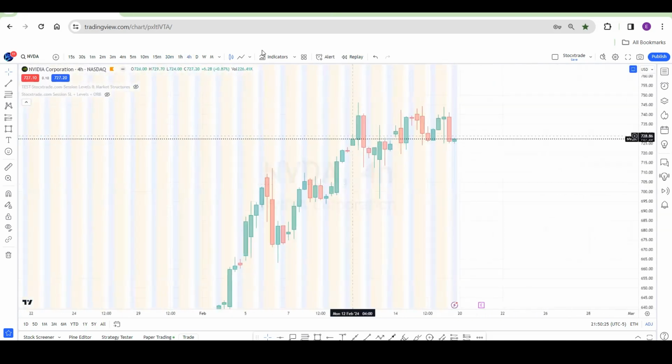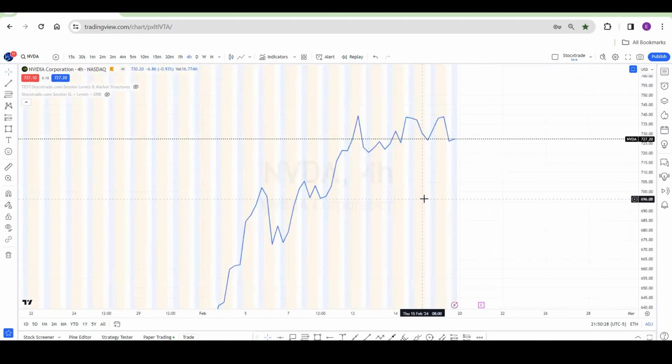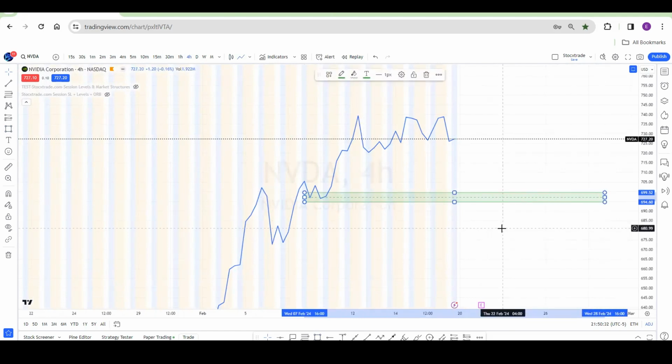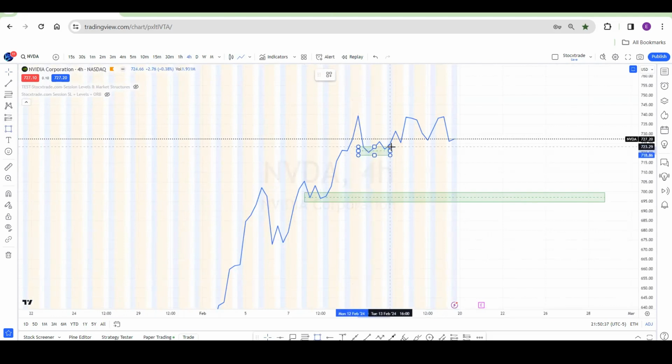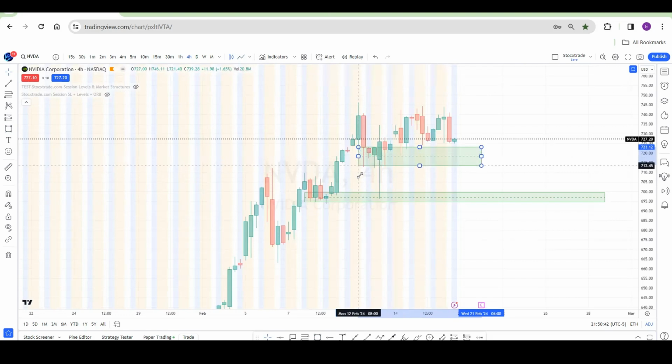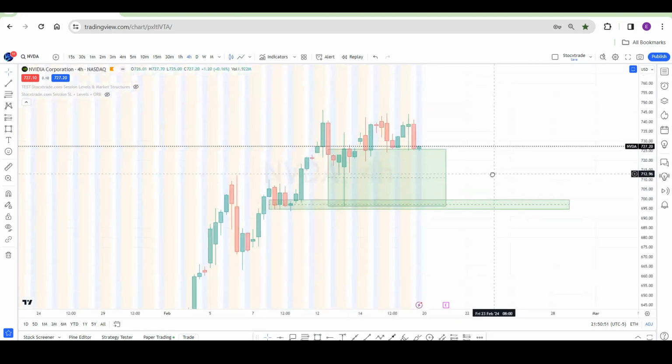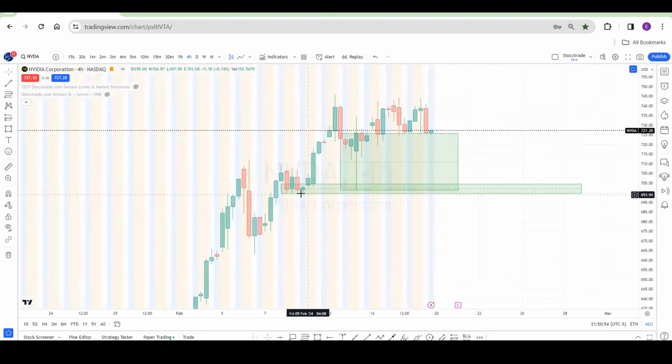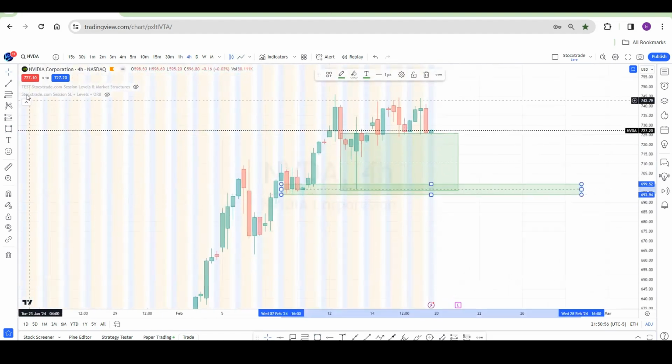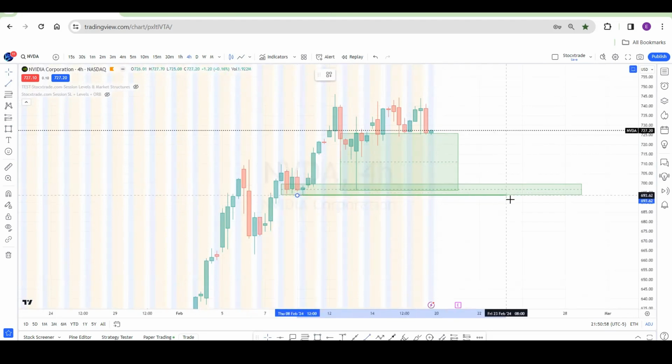Yeah. Okay. This is the 4-hour chart. Where is my structure? Here. And above that, here. And this is basically this one. Because I'm looking at the 4-hour chart, I need to show the big candles. Once the market does not come below this level, it will not go bearish.